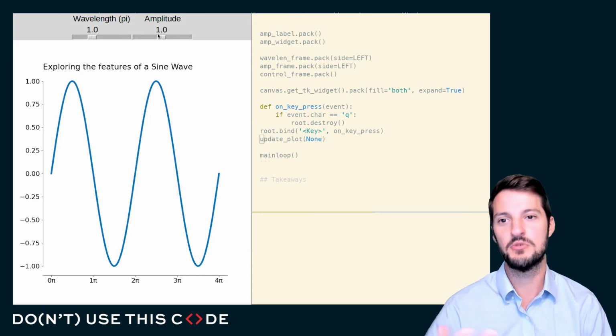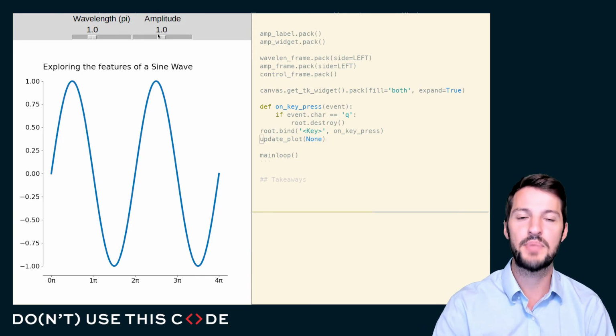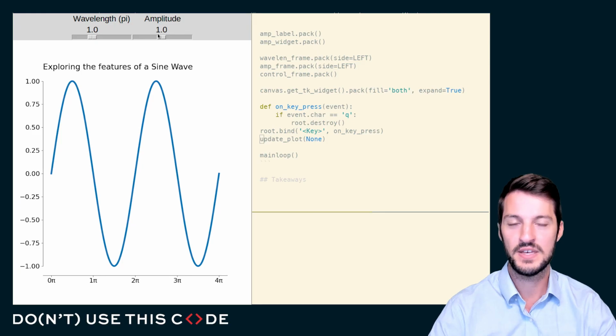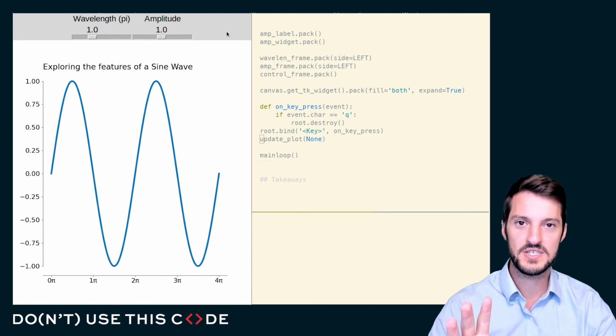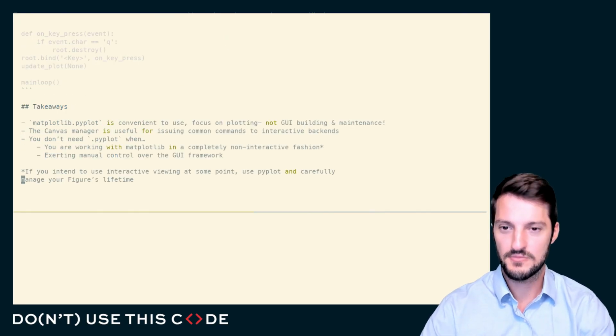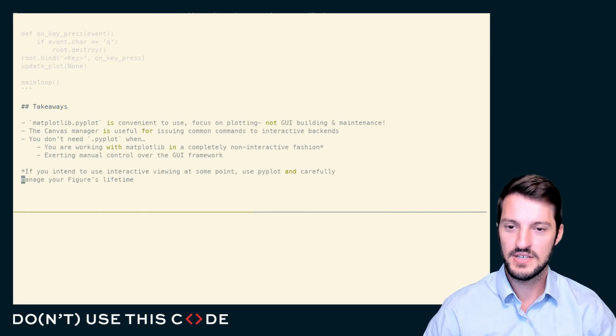Whereas with Matplotlib, you would have to do the drawing on the back end and then pass those updates, or actually pass the brand new image, up to the front end. So you end up passing a lot of data back and forth. And that's why it's better for local applications like we can see here, because this is going to be much more snappy than anything based in the browser, by using a native application like this. So let's talk about our takeaways here.